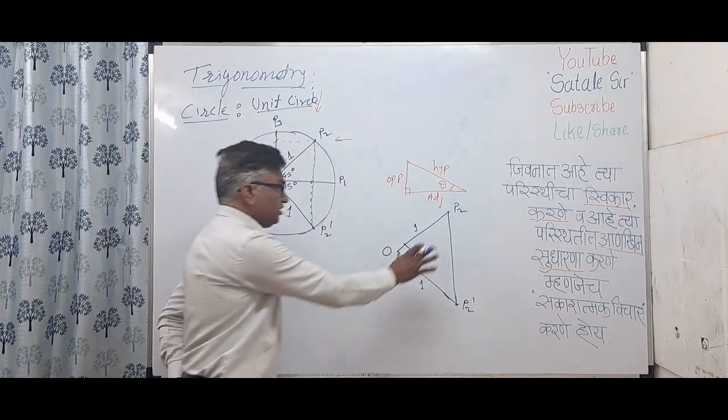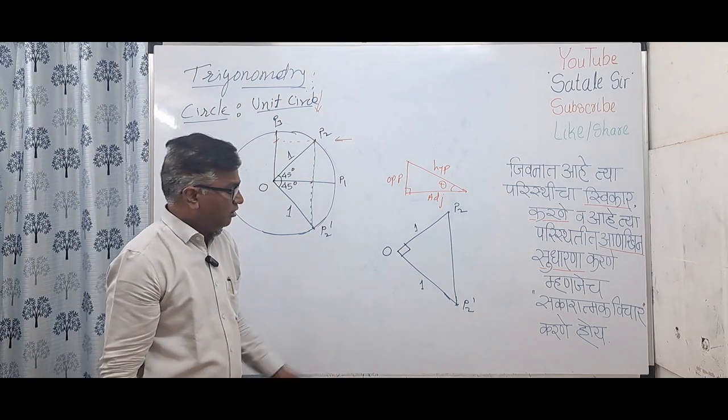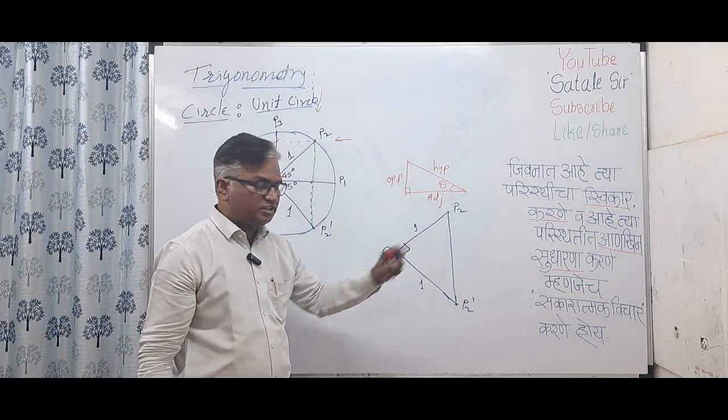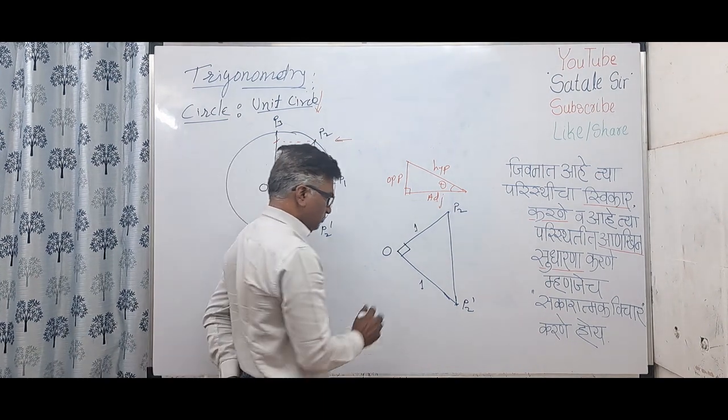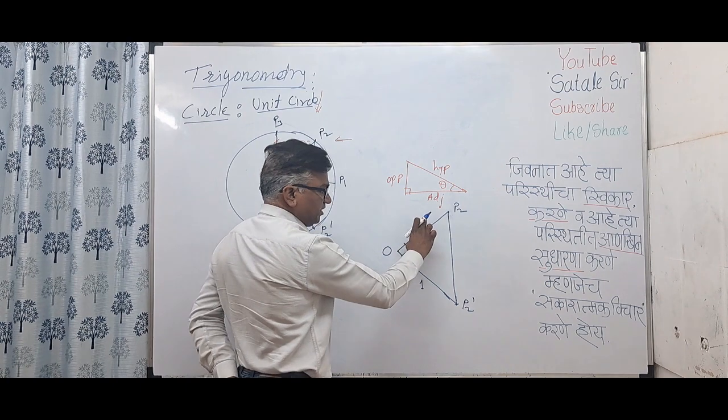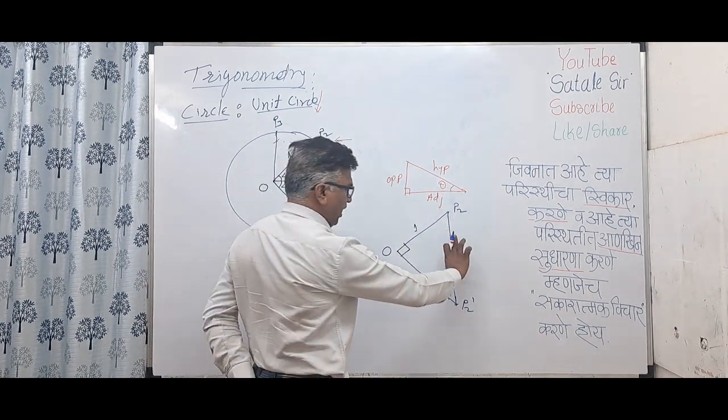Now this is a right angle triangle. If you apply the Pythagoras theorem to this triangle, what will happen? The sum of the squares of the adjacent and opposite sides is equal to the square of the hypotenuse.